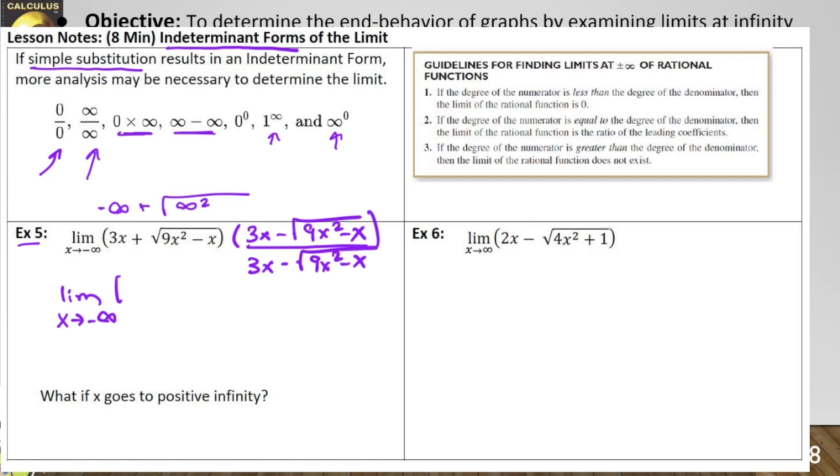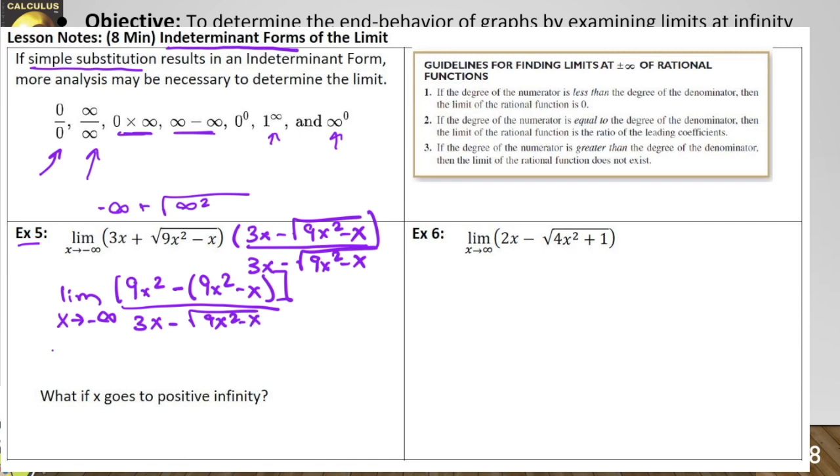When you multiply through, this is now a difference of squares, which gives you 9x squared minus, and use parentheses, 9x squared minus x multiplied by itself, so the square roots cancel out, divided by your denominator, which is 3x minus the square root of 9x squared minus x.